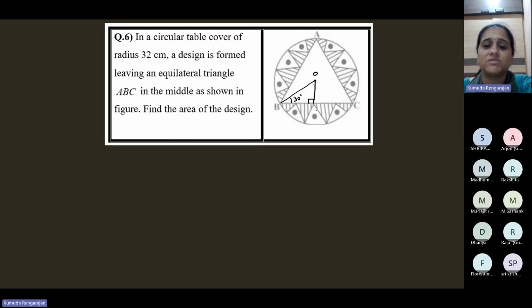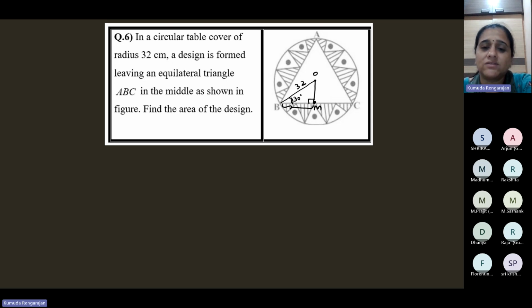And we know that the perpendicular from the center to the chord bisects the chord, so M becomes the midpoint of the chord BC. Now in this triangle, we know one angle, 30 degrees, and we know that OB is 32 because it's the radius. This is sufficient for us to find BM. Once you find BM, double it to get BC, and BC is the side of the equilateral triangle.